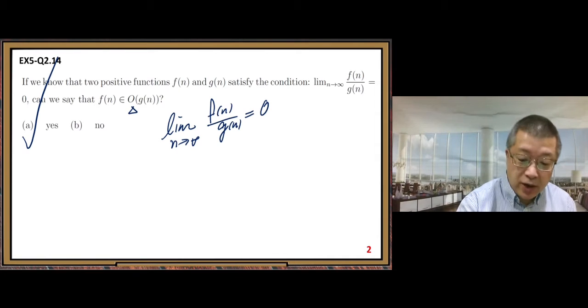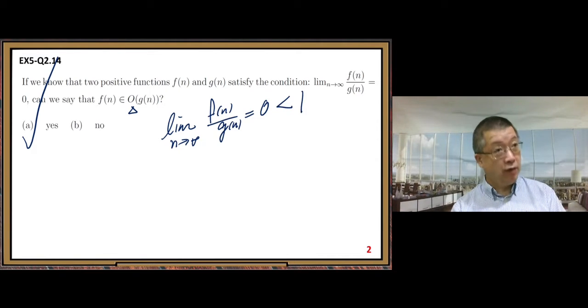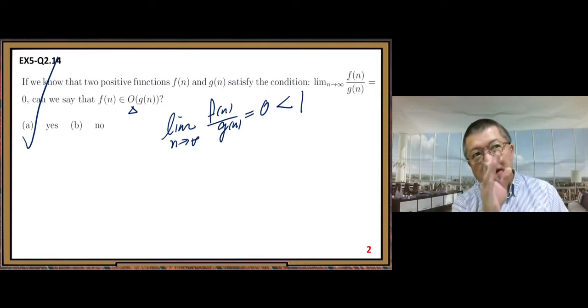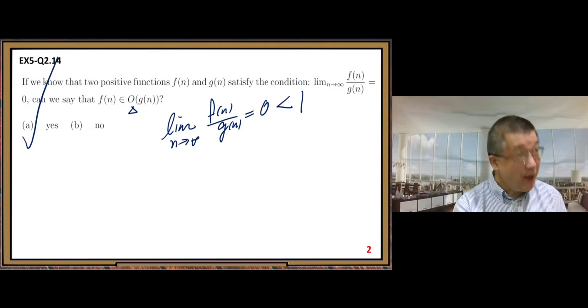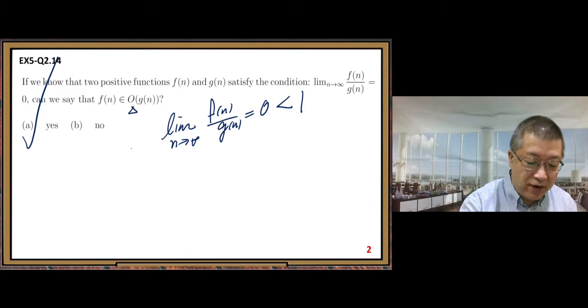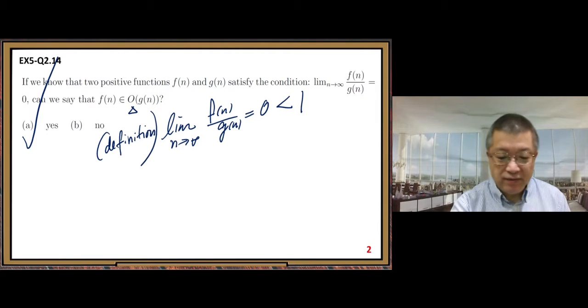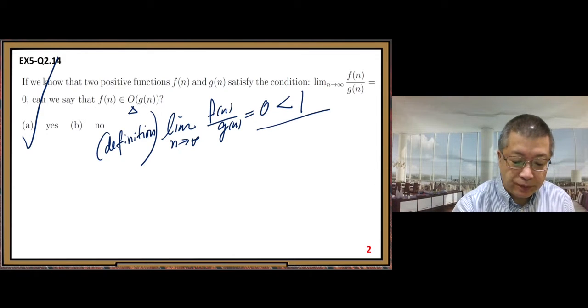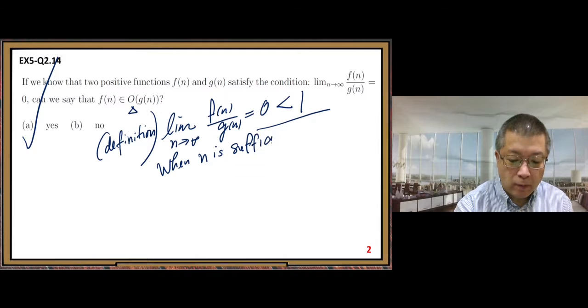So 0 is less than 1, a positive constant less than 1. Then, based on the limit definition, when n is sufficiently large, that means n greater than or equal to some unspecified n0.